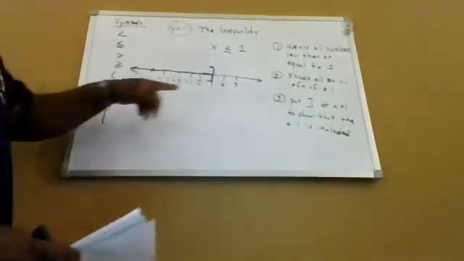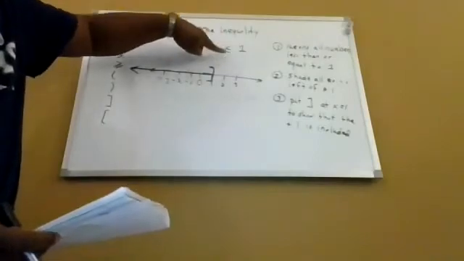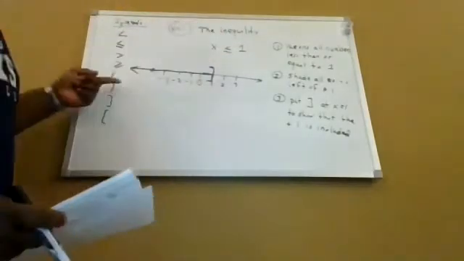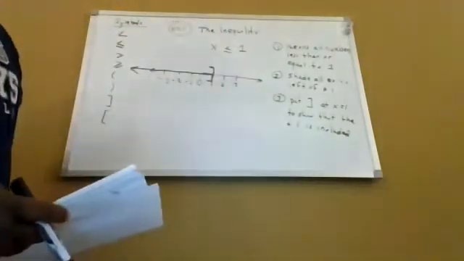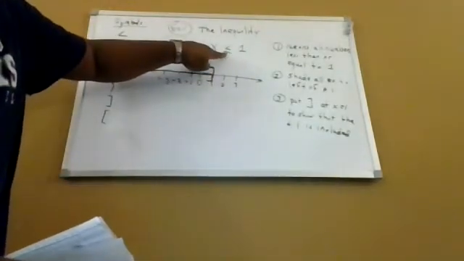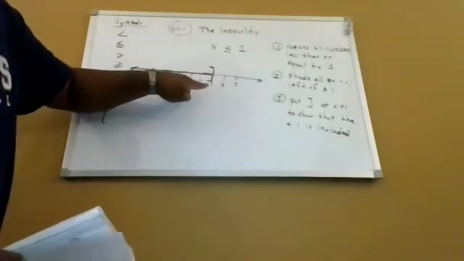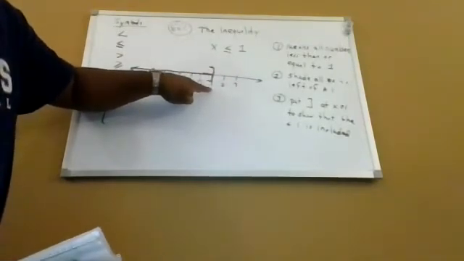So for the inequality x is less than or equal to 1, we draw our number line. We go to the number 1. And since we have the equal to, we want to use the bracket because we need to include the number 1.